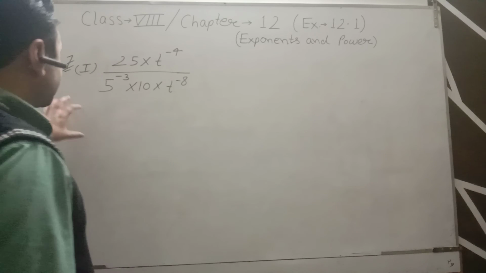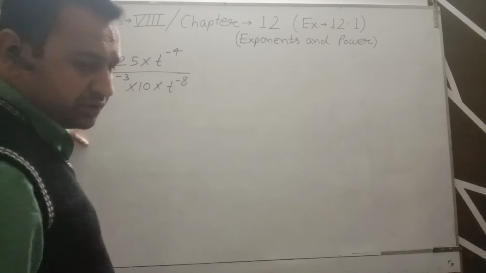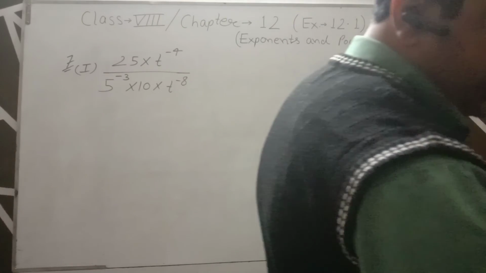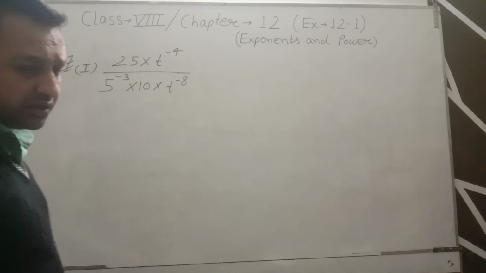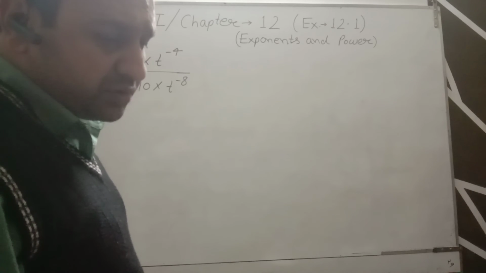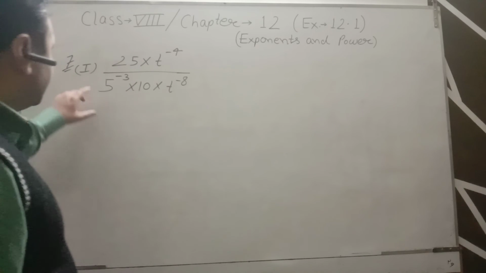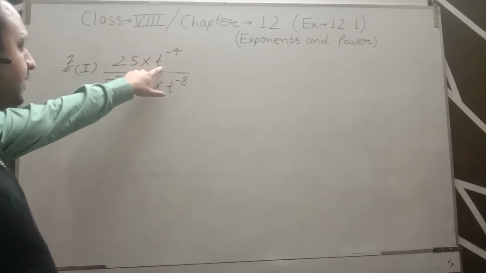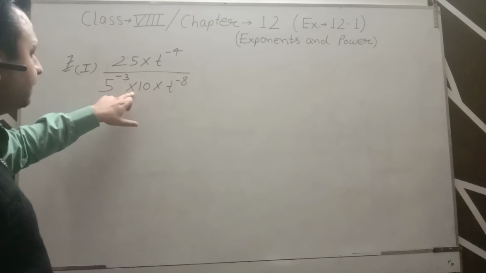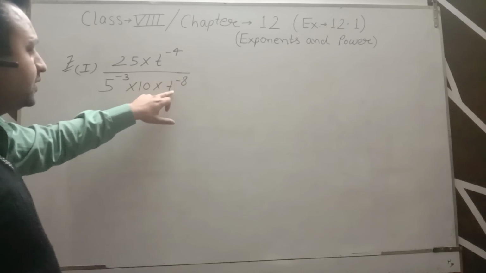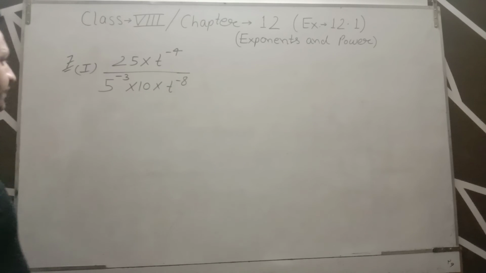Okay students, now we discuss question number 7. Question number 6 second part, try yourself, and we discuss question number 7 first part. In the question number 7 we have to simplify 25 multiply t raised to the power -4 upon 5 raised to the power -3 multiply 10 multiply t raised to the power -8.